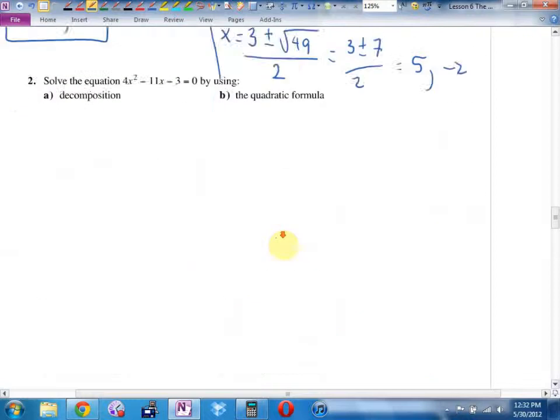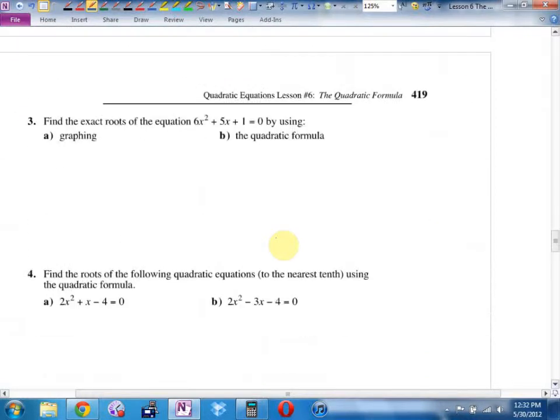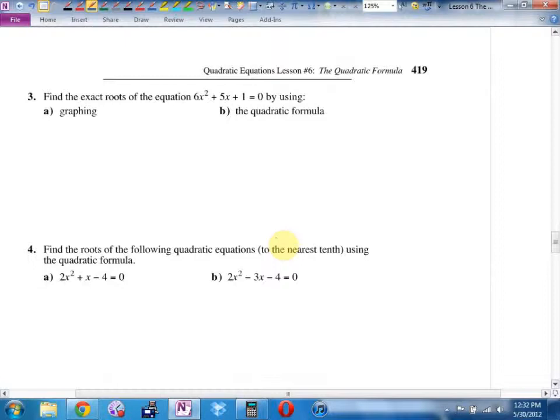Okay. Let's try number 3. If number 3 factored, there would be numbers that multiply to positive 6 and add to positive 5. Oh, 3 and 2.